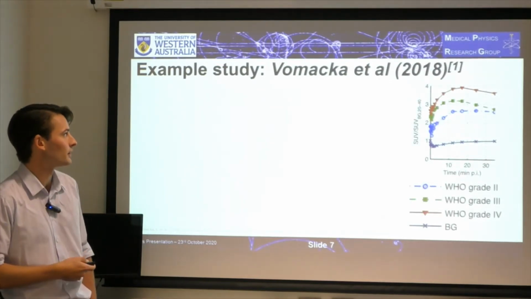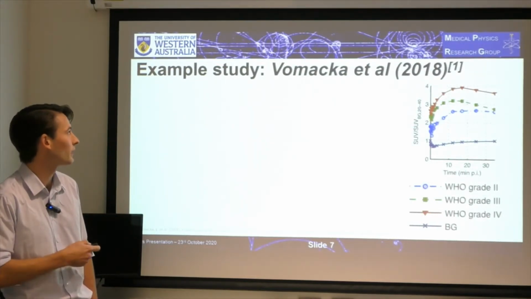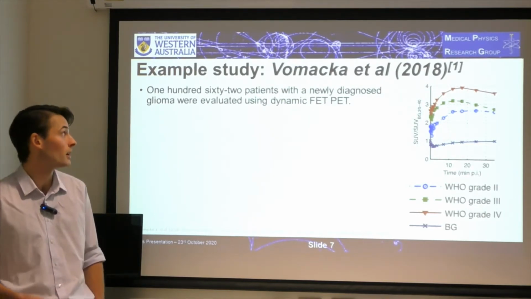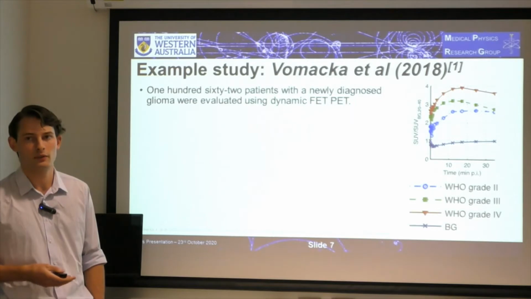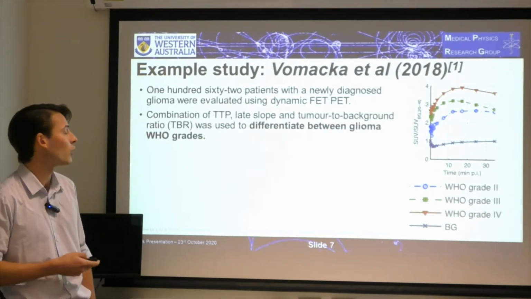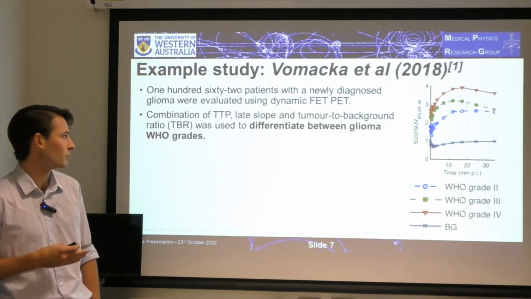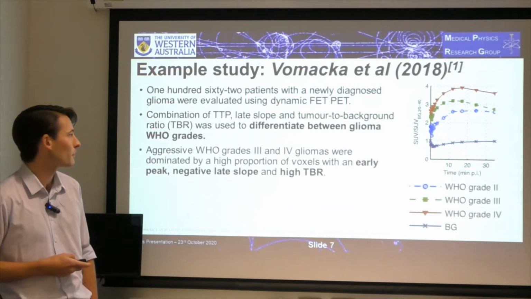This is an example of a study in 2018 by Volmanka, where 162 patients with newly diagnosed glioma were evaluated using dynamic FET PET. A combination of time to peak, late slope, and tumour to background ratio was used to differentiate between glioma WHO grades.